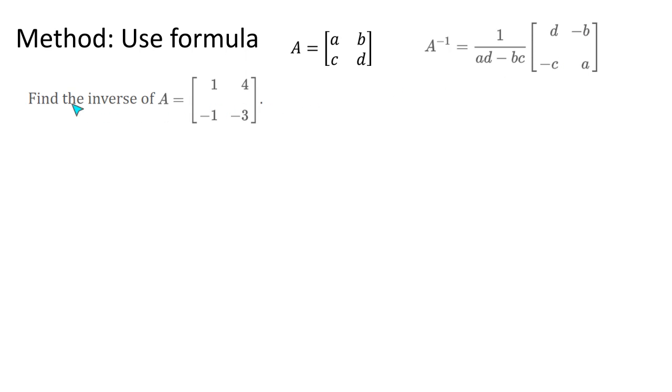So if we want to find the inverse of this matrix, and just one more point, this bottom number is called the determinant, which we'll talk about in a few slides down the road.